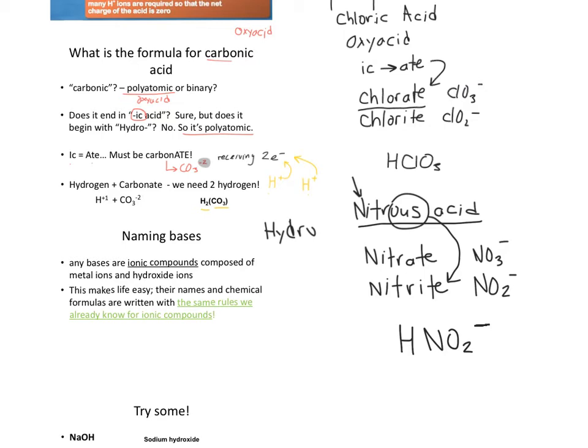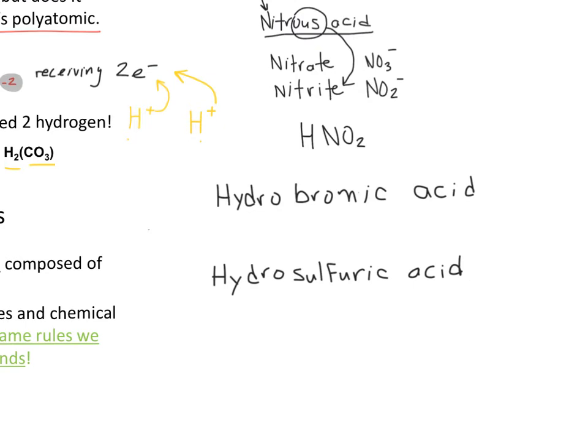Now, binary acids are the exact same. So let's just say we have hydrobromic acid and hydrosulfuric acid. Now, we know that they're binary, so we're going to write our element that's not hydrogen first. So brom means bromine, so that's Br.